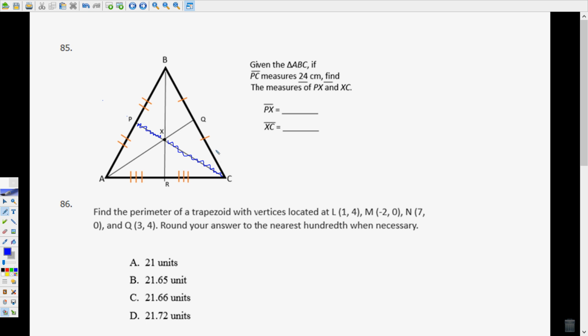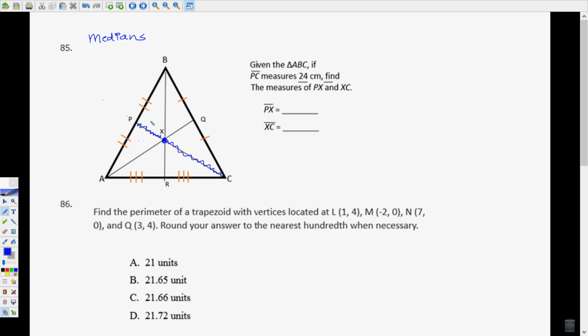Now, you may remember, hopefully you do, that whenever you have medians of a triangle, the three medians of a triangle intersect in a point such that that point divides each one of the medians in a way that the small section is 1/3 of the length of the whole median, and the larger section is 2/3 of the length of the whole entire median.